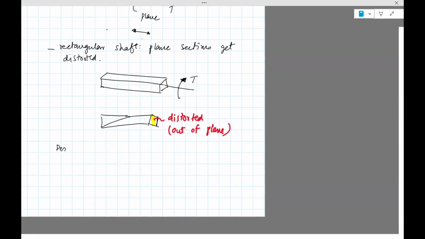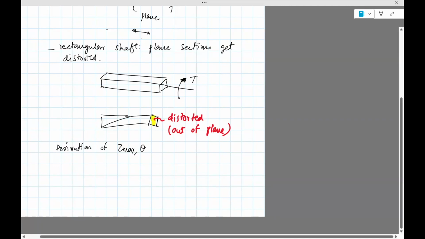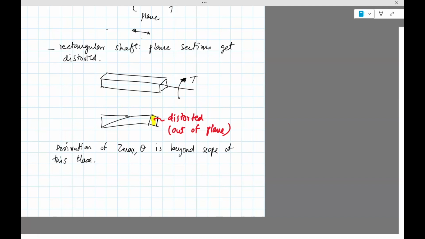So the derivation of tau max, the twist, is beyond the scope of this class, because it's kind of harder to come up with equations. However, we still need to do calculations for sections which are not circular.